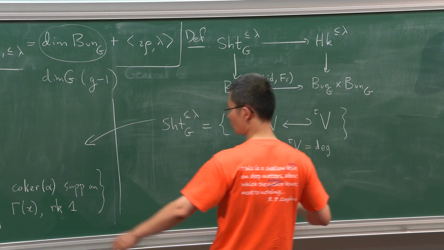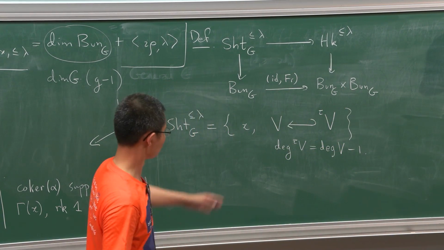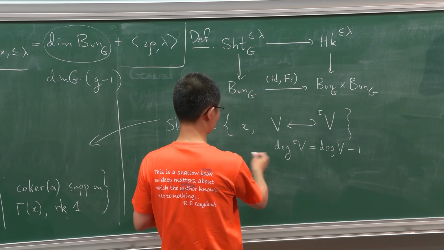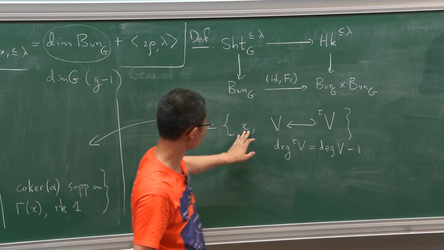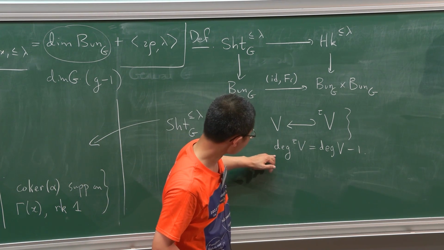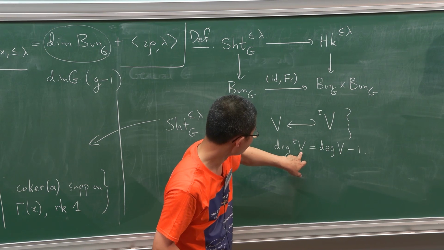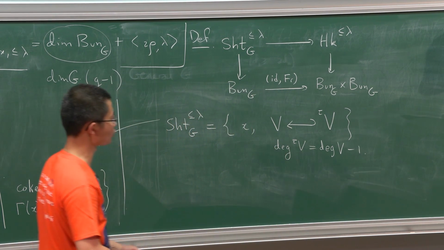So that's given by this Cartesian diagram. It's more precise, but in particular, the degree is 1 less. The co-kernel has to be supported on X. But then you quickly find a contradiction. How could the Frobenius pullback of a bundle change the degree? This is not the Frobenius on the curve.